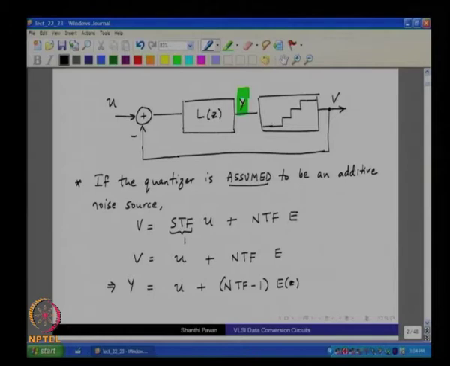In other words, the staircase has got some limits, and we were trying to see what would happen to the behavior of the delta sigma loop if the quantizer saturates. Given that this is a nonlinear system with feedback, the analysis if done rigorously would be pretty difficult to do.